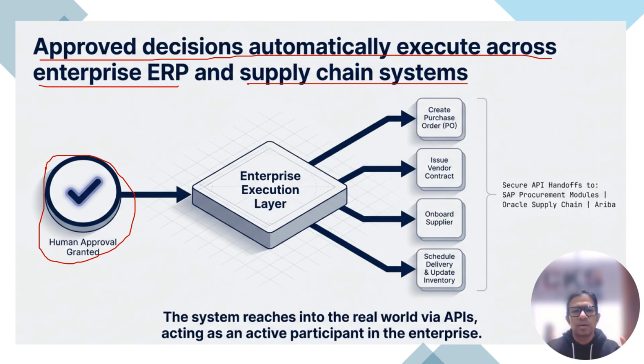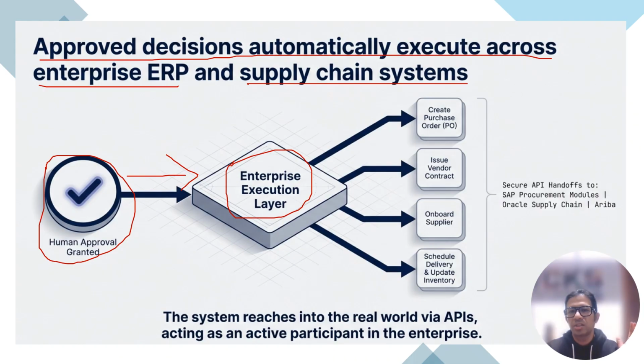So now follow the arrow into the center. See this one. Enterprise execution layer. This is the execution engine.